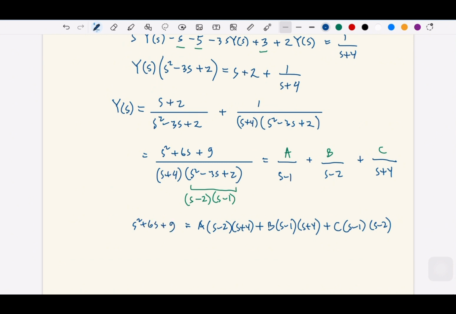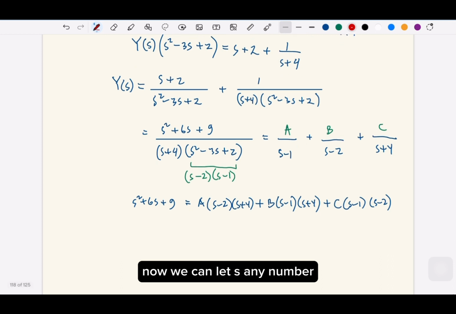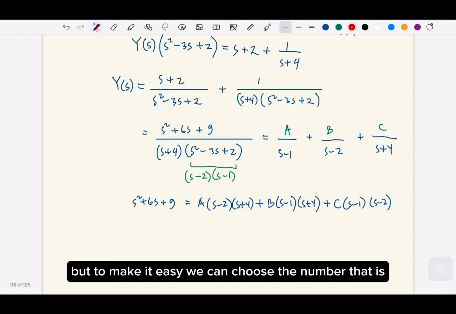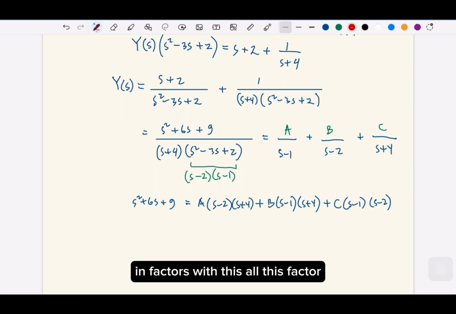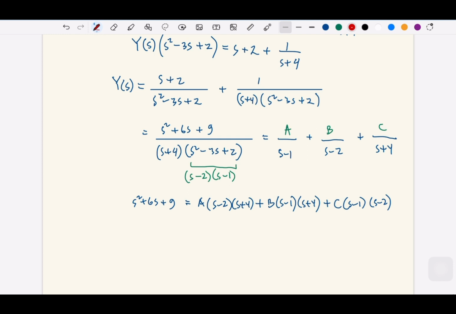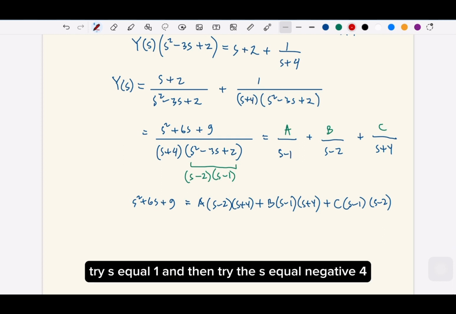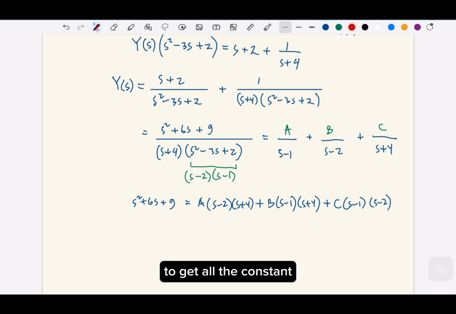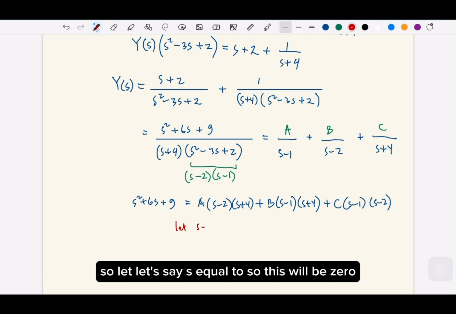Okay. Now we can let s be any number, but to make it easy, we can choose the numbers that are the roots of these factors. So we can try s equal 2, try s equal 1, and then try s equal negative 4 to get all the constants. So let's say s equal 2.